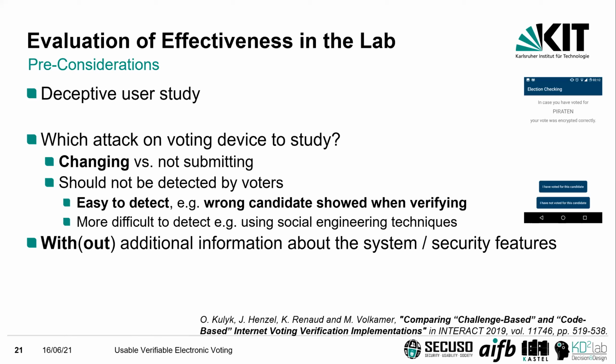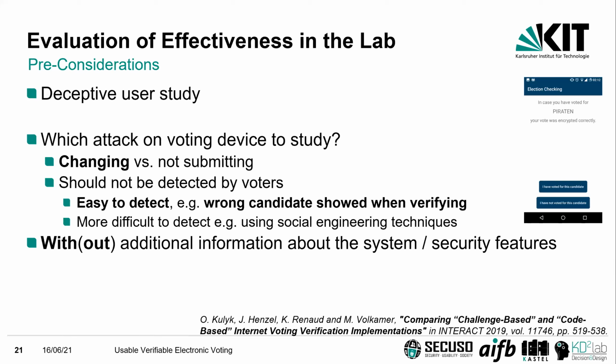And the third dimension is whether you give them additional information about the system and the security features, or you don't give them. As it was the first time that we studied something like this in a deceptive user study on electronic voting, we thought, let's start easy.